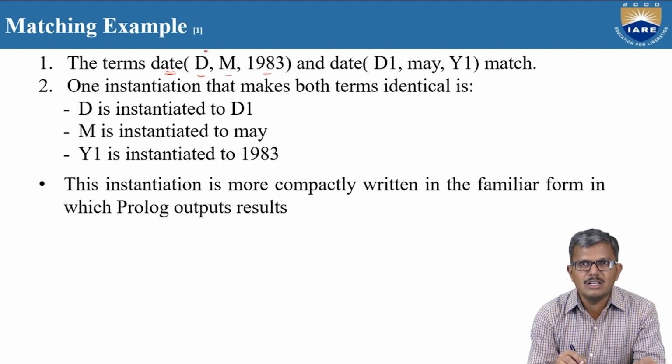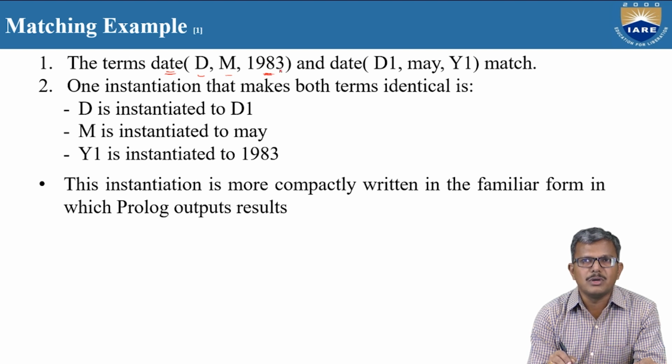D and M, just like X, are variables, and the third argument in this complex term is a number. The same kind of complex term we are taking once more, here date, in which we have represented D1, May, Y1.